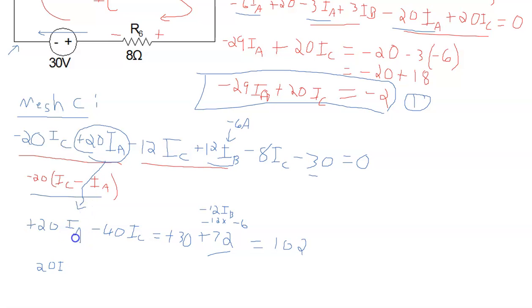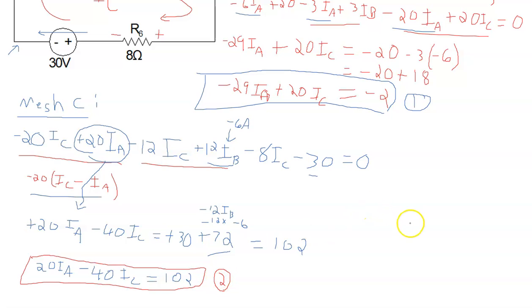So it's 20 times IA and minus 40 times IC is equal to 102. And that became equation number 2. And so there's only 2 unknowns here, right?